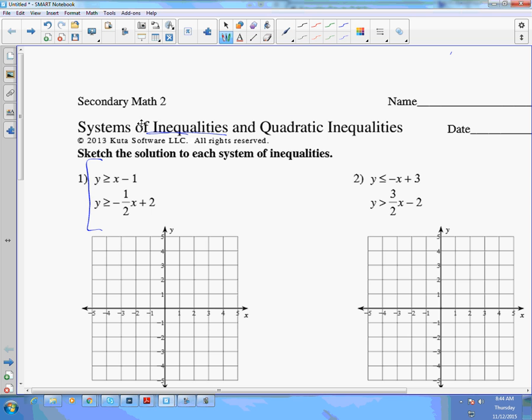What is that symbol? Does it look like an L? It's less than. Does this one look like an L? No. So if it doesn't look like an L, that is greater.